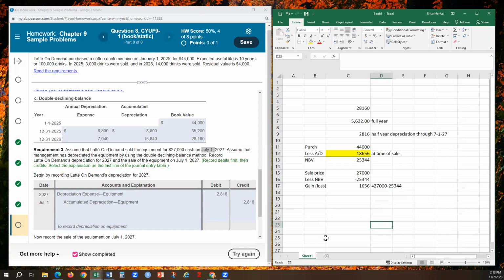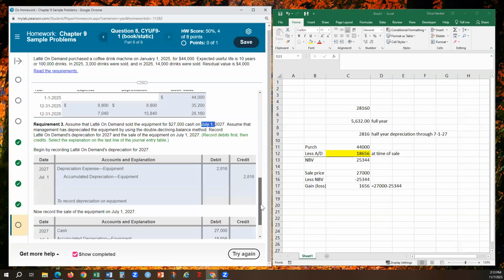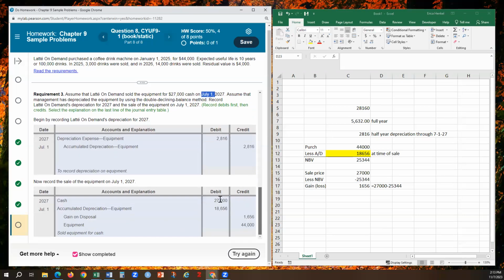Debiting cash, debiting accumulated depreciation, crediting the old asset, and then crediting the gain or loss here. So debiting cash for $27,000, debiting the accumulated depreciation here, crediting this gain on disposal, and then crediting the full value that we originally paid for that equipment.